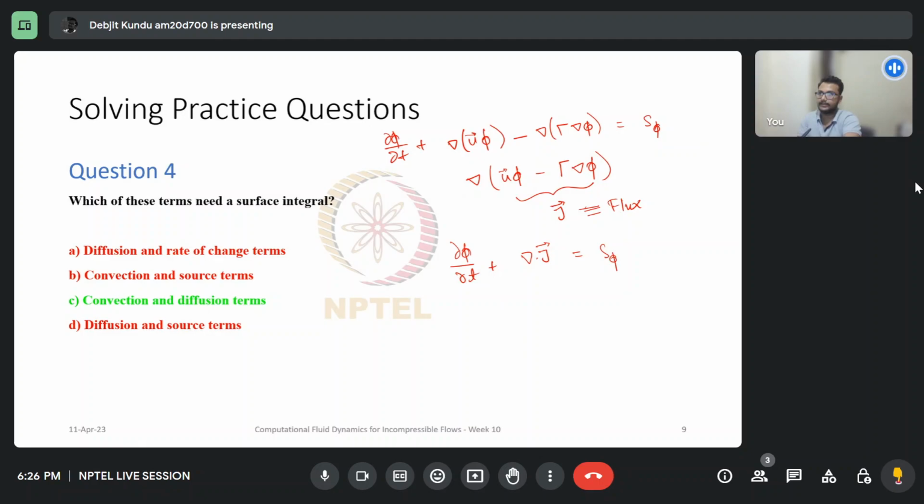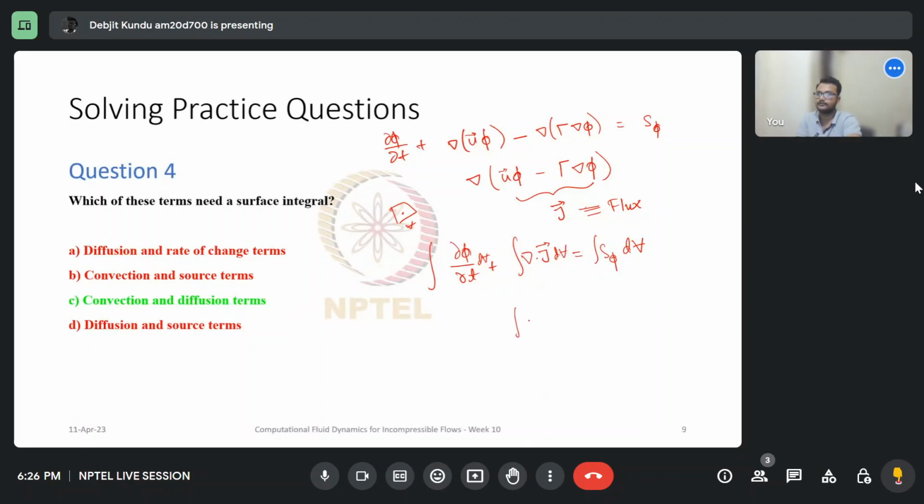Now I'll integrate all of this with respect to the control volume dV, which is the volume of the finite volume cell that we're using. So we apply a volume integral to all of them. Since the flux term is a del quantity, we can use the Gauss divergence theorem on it and convert it into a surface integral.